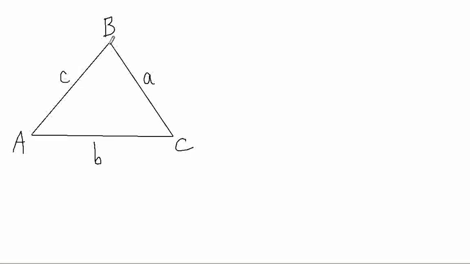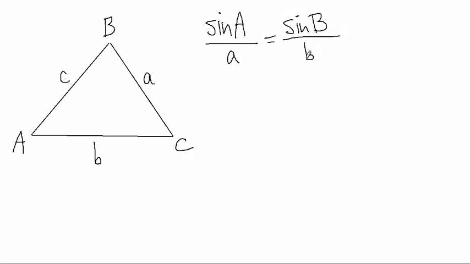So the law of sines says that the sine of angle A divided by the length of side a is equal to the sine of angle B divided by the length of side b. And also it's equal to the sine of angle C divided by the length of side c.